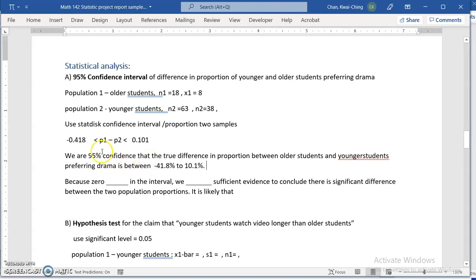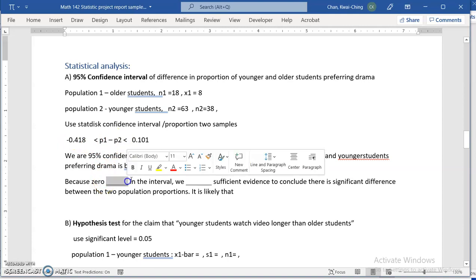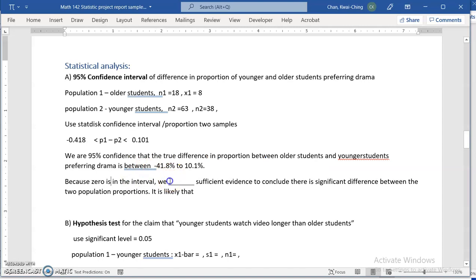So this is your description written in a sentence using percentage. Convert these two numbers to percent, and because the interval goes from negative to positive, of course it will contain 0.